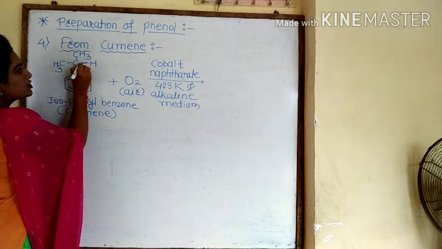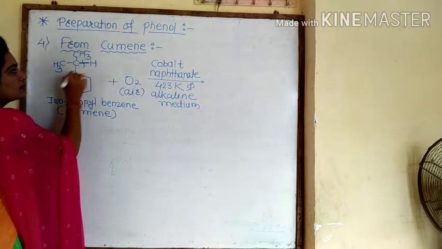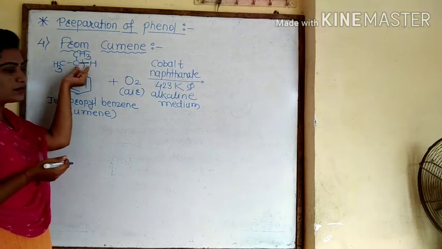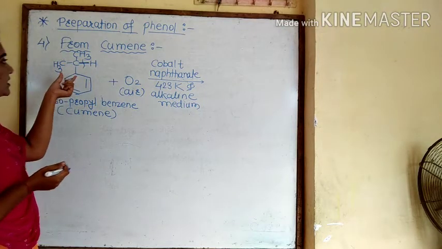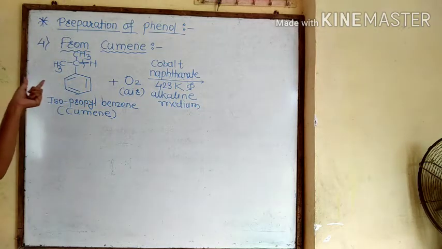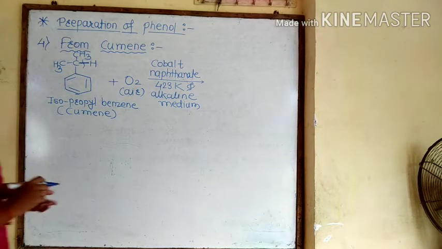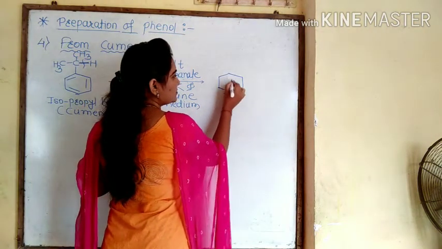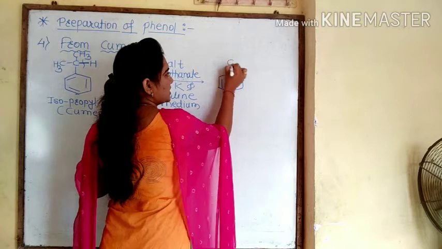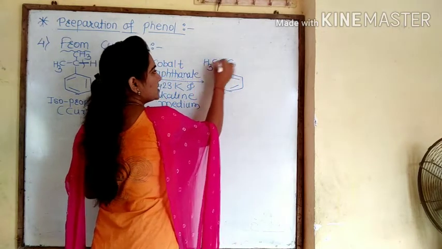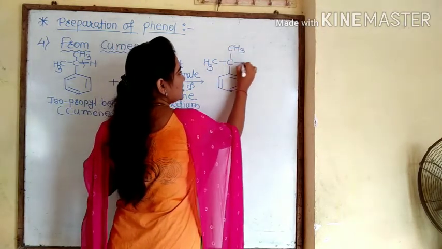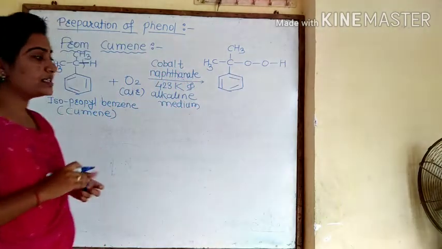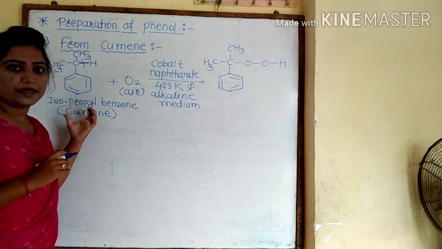This carbon hydrogen bond, this bond gets broken. Okay, and these two oxygen atoms are placed in between this carbon and hydrogen. So here there is the formation of cumene hydroperoxide. So here this ring is as it is. Here carbon, this is our CH3, here oxygen and H. So that O2 is simply added over this isopropyl benzene.